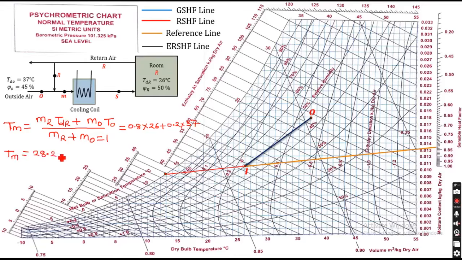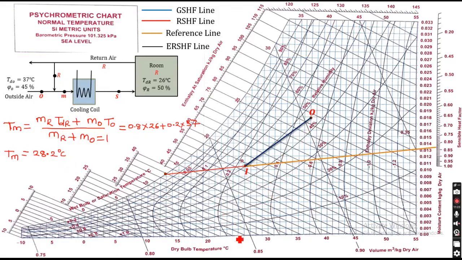28.2 degrees Celsius. So when 20% outside air and 80% recirculated air are mixed together, the air that we get is at a temperature of 28.2 degrees Celsius, right? Now we have to mark this point M on the psychrometric chart, which lies on the line joining I and O. So we have 28 degrees Celsius.